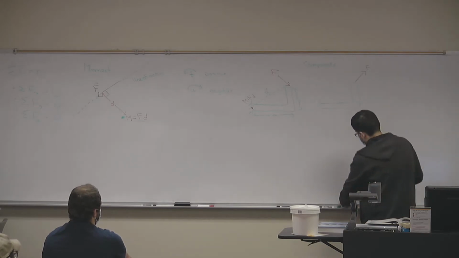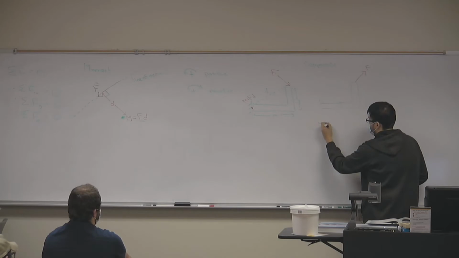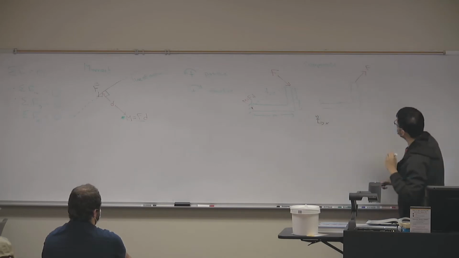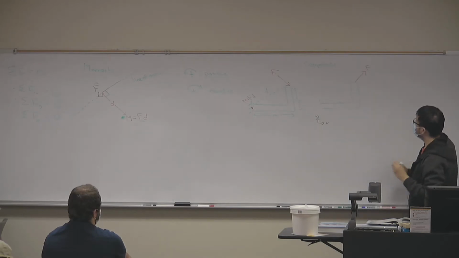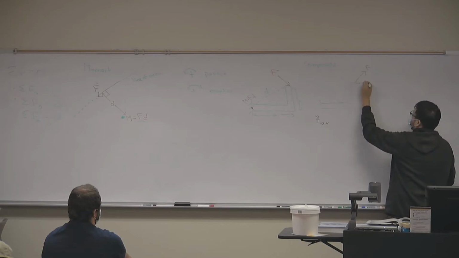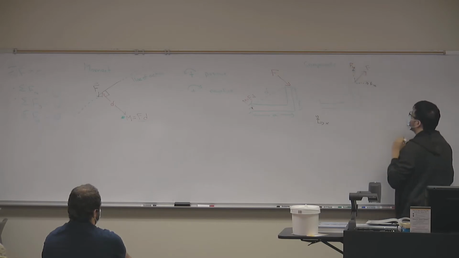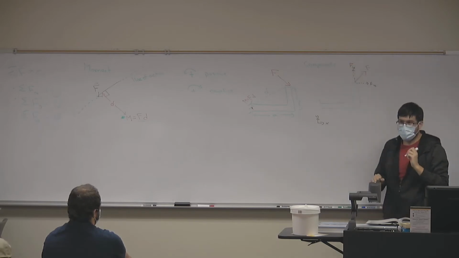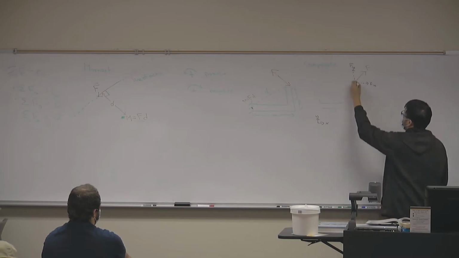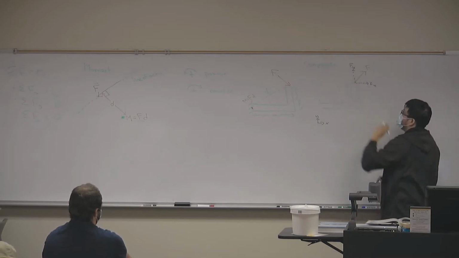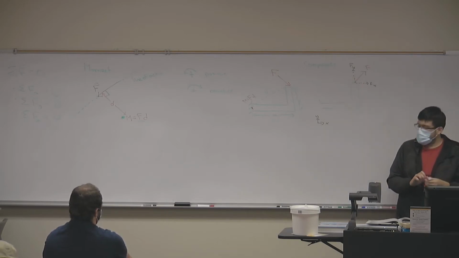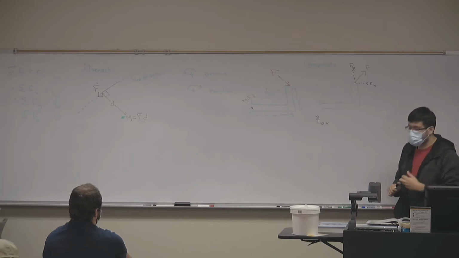In other words, if we set this as my x-axis and this is my y-axis, and this is my force, I can find the x component of the force and the y component of the force and calculate my moment as the sum of the moments of these two individual components. So why would that be easier for us?